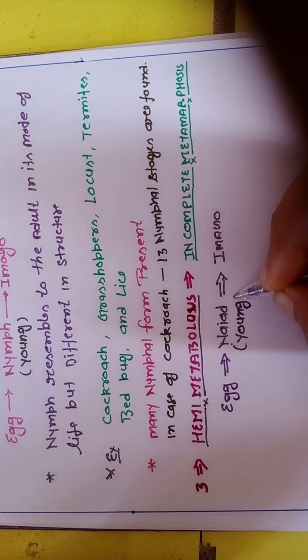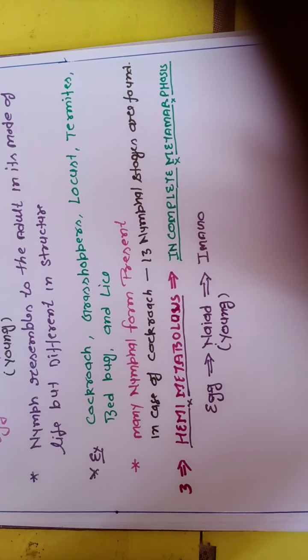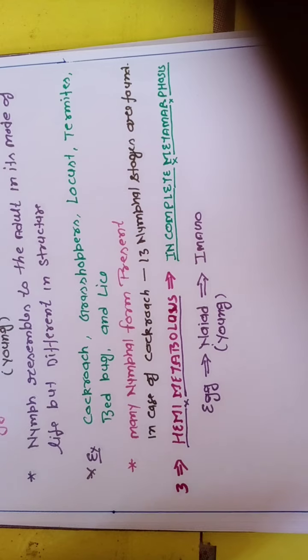So automatically one question arises in your mind, I think: what is the difference between the naiad and the nymph or normal young?